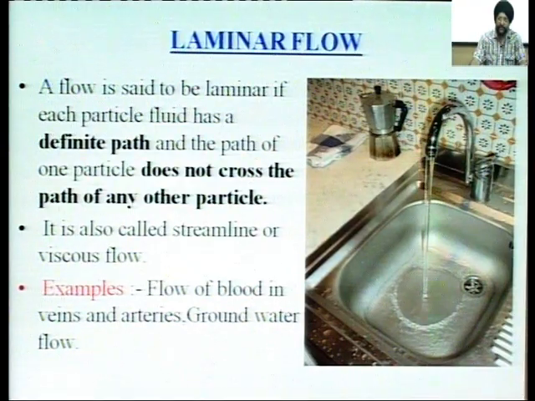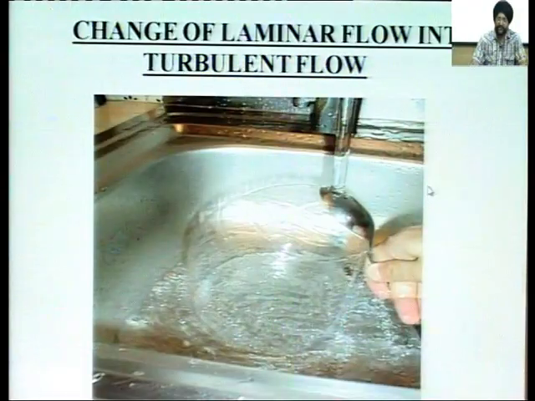Now if you introduce a spoon in between, as there is a zoom view of it, you can observe that from here to here the flow is laminar, and after introducing this spoon the flow has become turbulent. So it's a good example of laminar flow changing into turbulent flow.